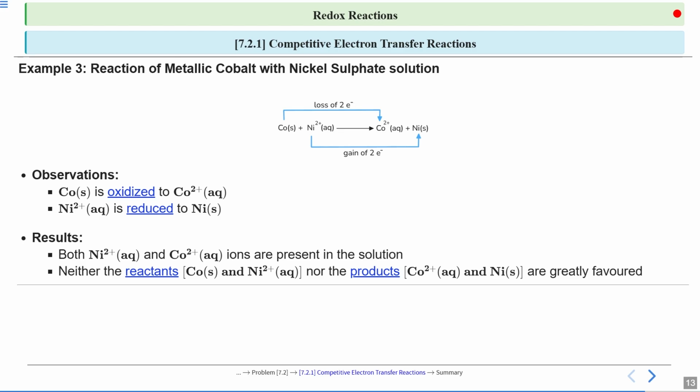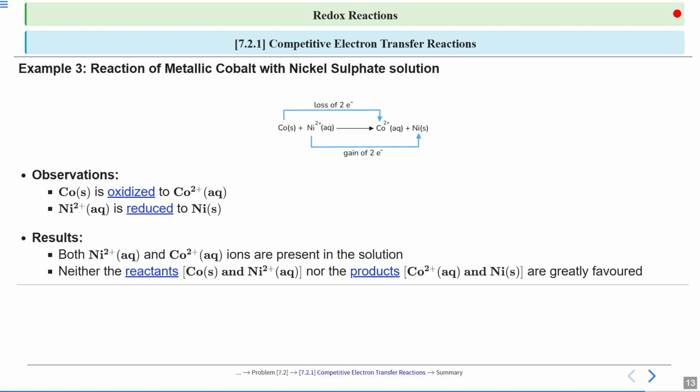Let me repeat this line because it is very important to understand the concept of electron transfer: neither the reactants, that is Co and Ni2+, nor the products, that is Co2+ and Ni, are greatly favored. I hope it is clear to you what has happened in this particular chemical reaction.